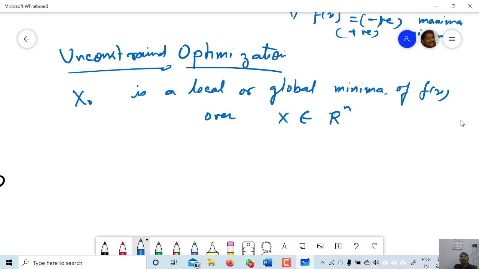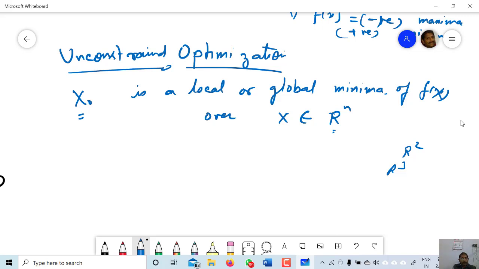Okay, what is Rn? Rn is the n-dimensional space. When it is written as R2, that means 2-dimensional space. When it is R3, it is 3-dimensional space. So if it is written as Rn, then it is denoting n-dimensional space. So suppose this x belongs to the n-dimensional space.